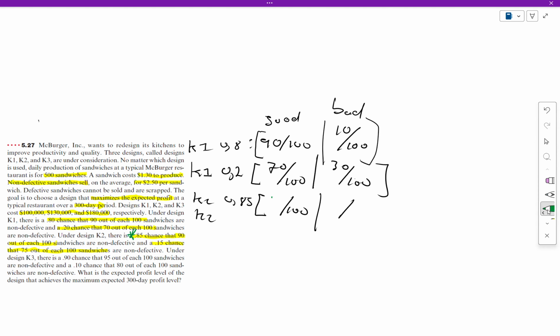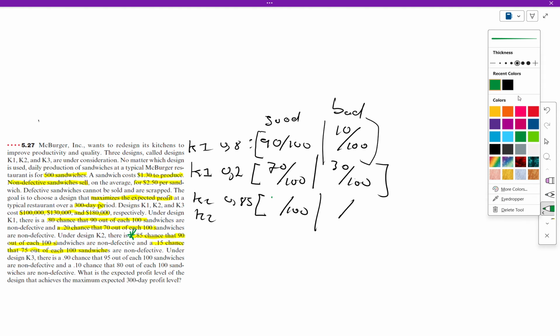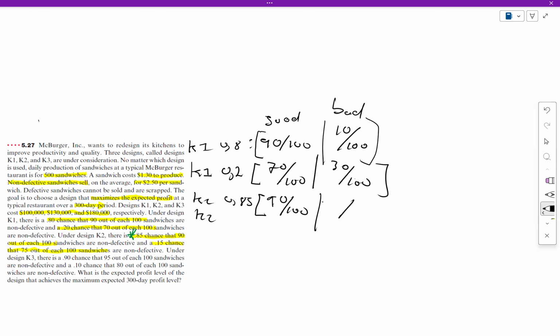Let me just go back to my black pen. So this one becomes 10 out of 100. So I was right, basically, but I didn't have confidence to say I was right. This one is 0.15, which is 75 over 100, and then you are getting 25 over 100.